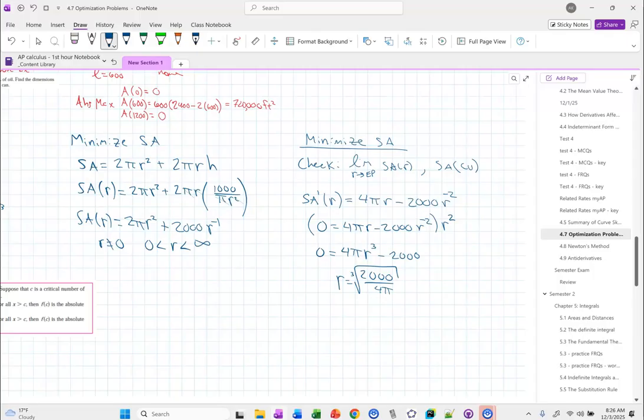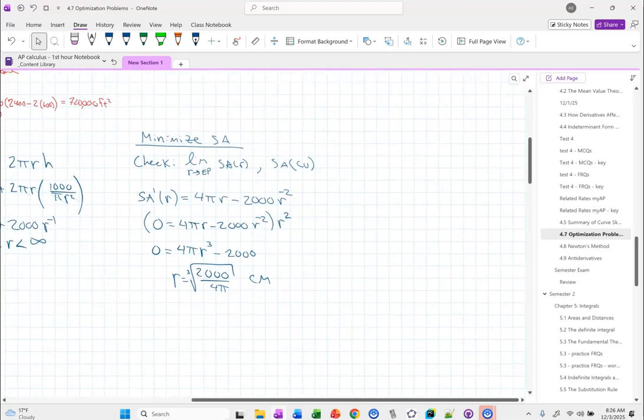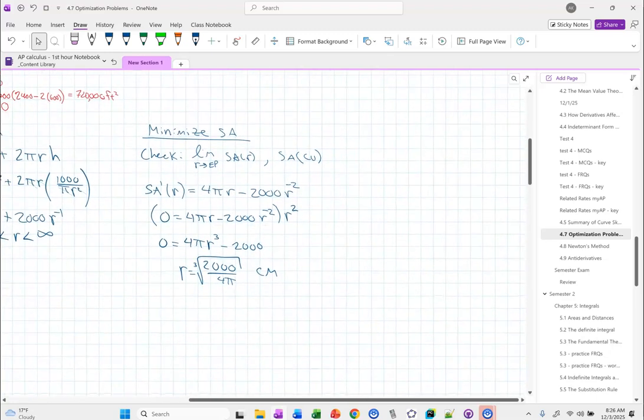And yes, there's some reducing I could do there, but I don't really care at this point. Is everybody okay? The unit on that is a centimeter, FYI. So far, so good. Okay.